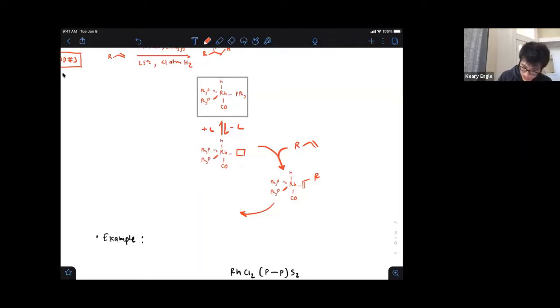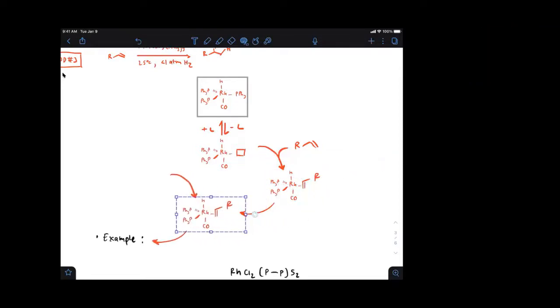Okay, so then what's going to happen next, Fang? You do an oxidative addition. Sorry, not oxidative addition, just addition to the olefin. Sorry, what's that? Okay, migratory insertion.